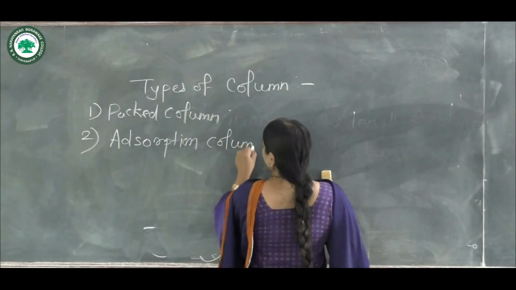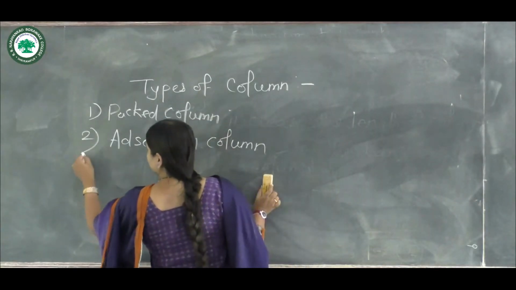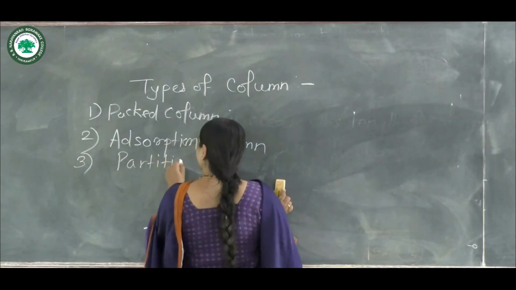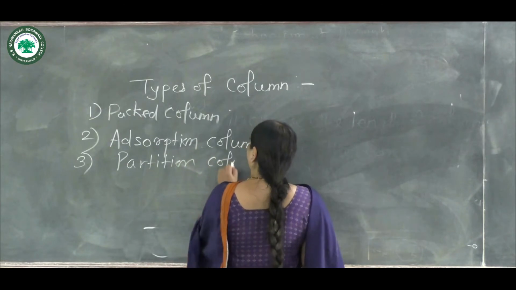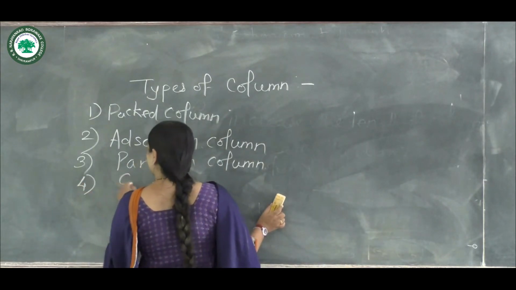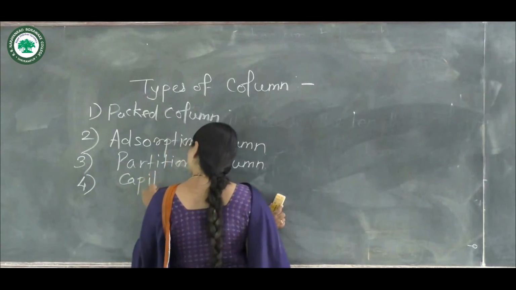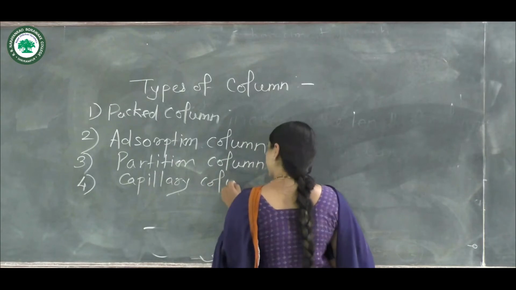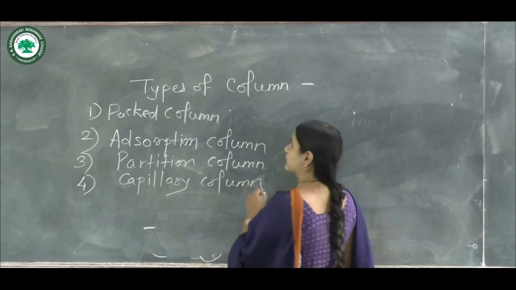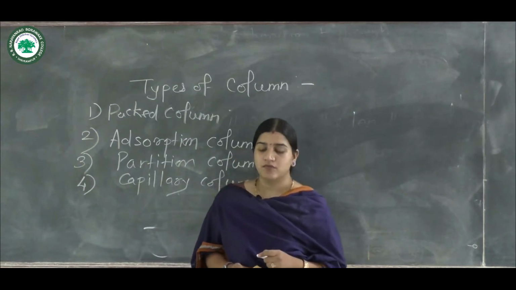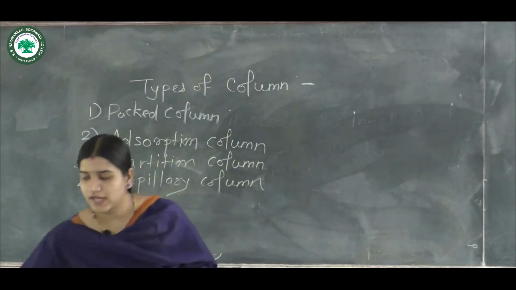The third type is the partition column. And the fourth type is the capillary column. All these are the different types of column which we are studying.